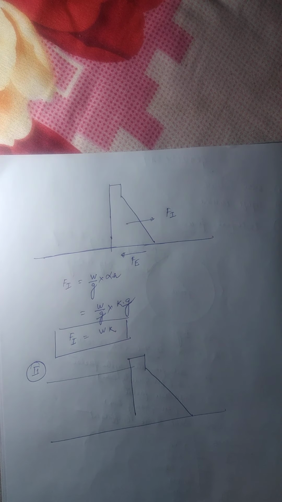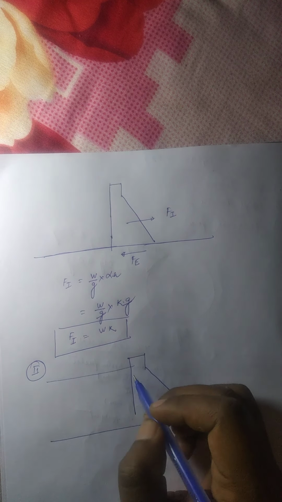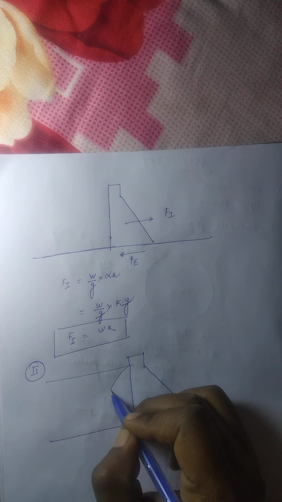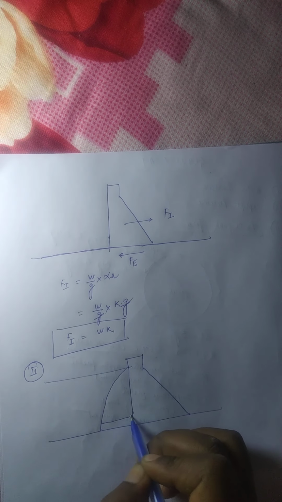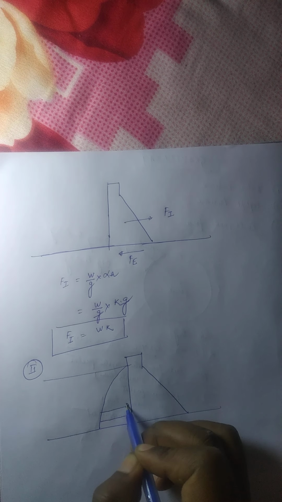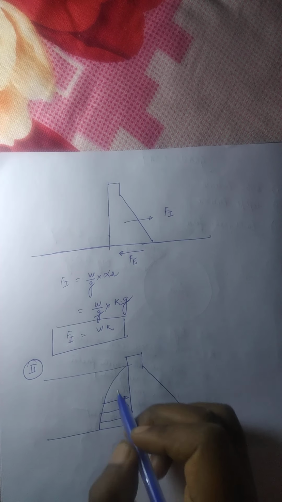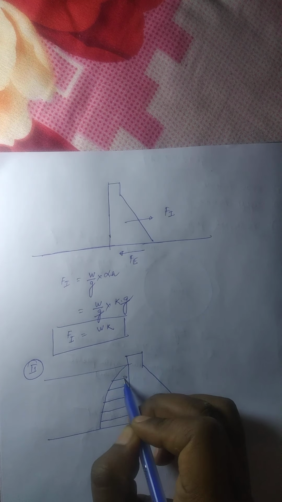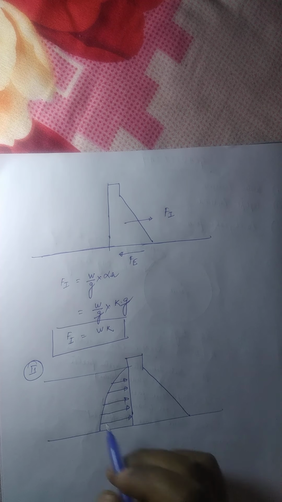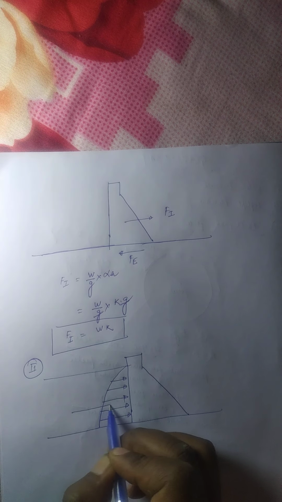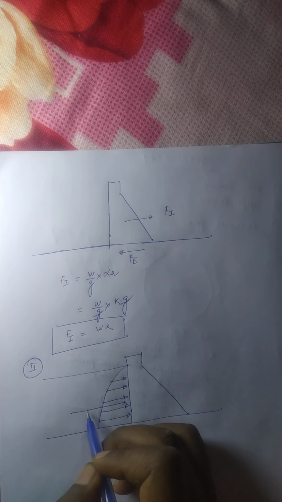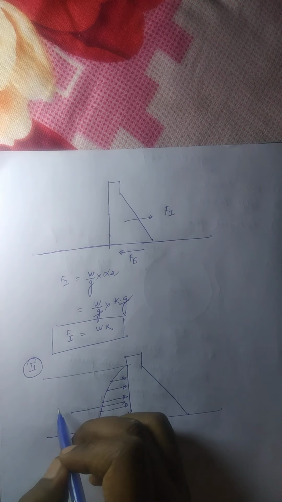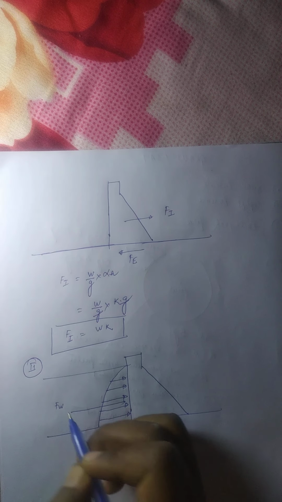As per von Karman, the variation of the pressure, that is hydrodynamic pressure, is parabolic, and this pressure will act in this direction, that is at the wall of the dam. Suppose this resultant force is over here, suppose this is Fw.